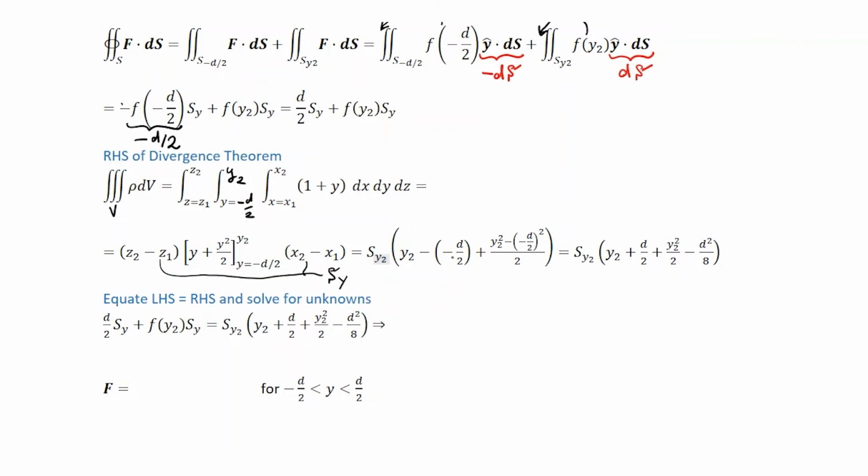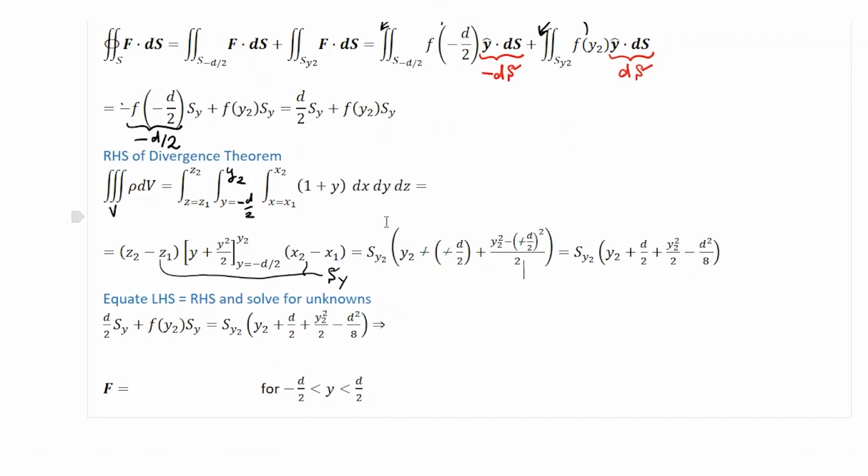Then this becomes a plus. Let me use a different color so I can show you. Okay, so this cancels, becomes a plus. This plus y2 squared over 2, and then this minus disappears. This becomes a 4 because of the square, so you get 8, which is right here. This is how I got this part.